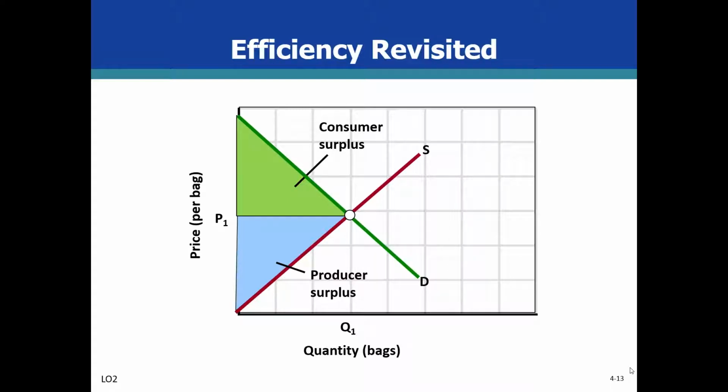Efficiency occurs because at Q1, consumers are paying no more than their maximum, and producers are providing at a price no less than their minimum. Here is also where marginal benefit equals marginal cost. No more is being consumed, no more is being produced than what yields the maximum benefit.